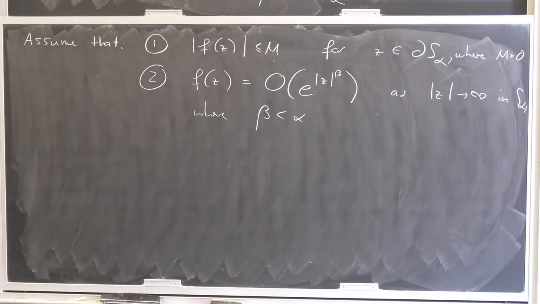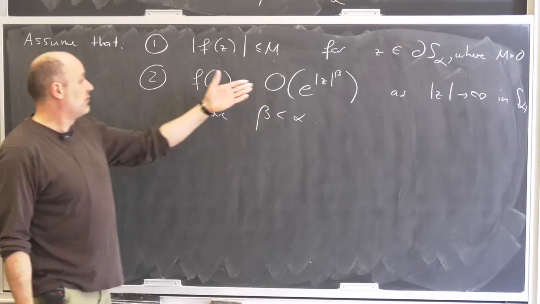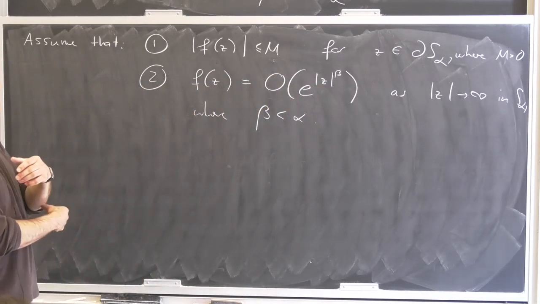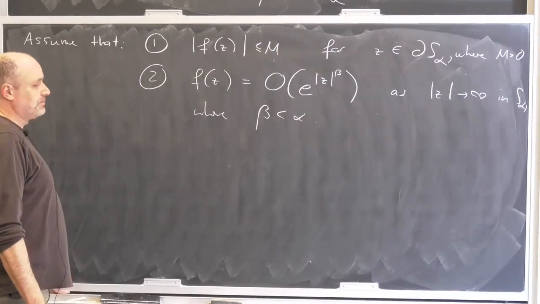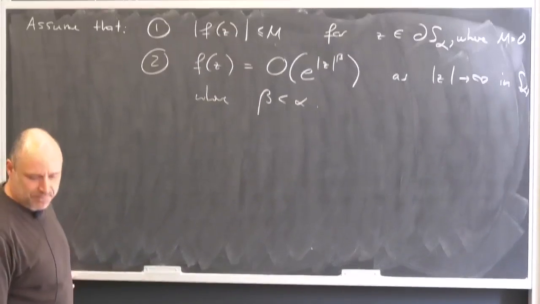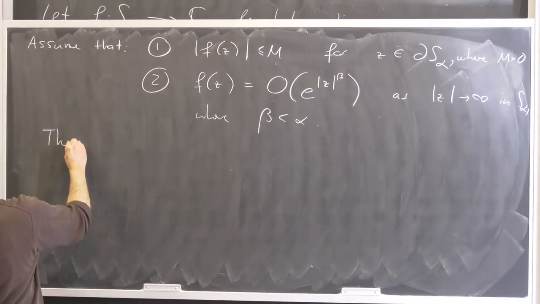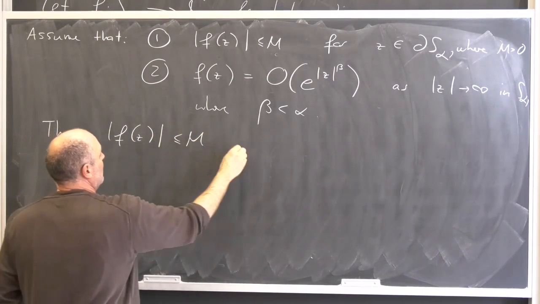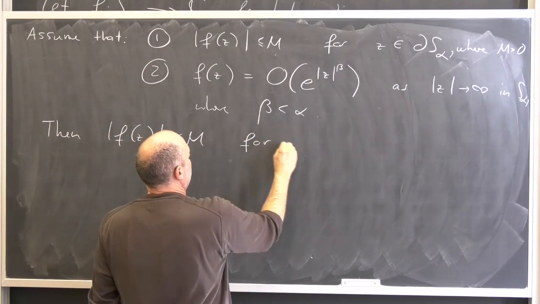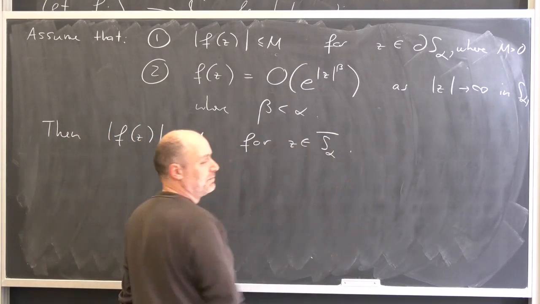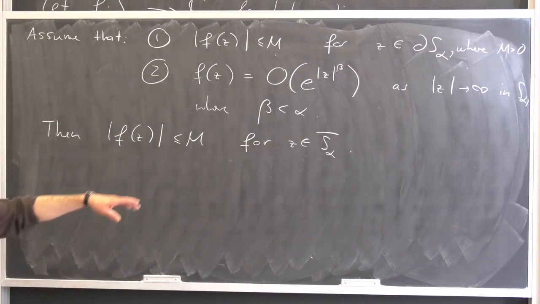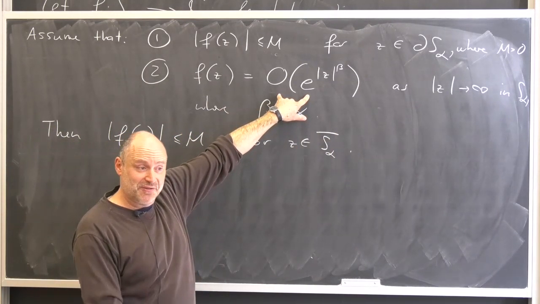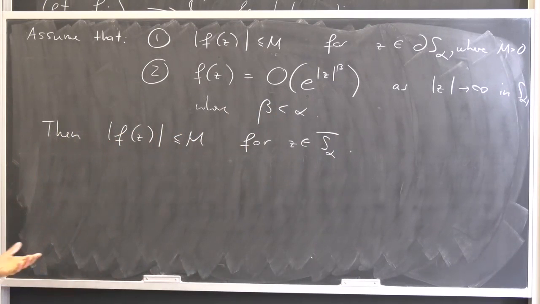So it's allowed to have exponential growth, but not too fast. It has to be of order less than alpha. And then you can conclude that in fact f is bounded everywhere by M. So in other words, this assumption immediately collapses to being the much stronger assumption of being bounded.